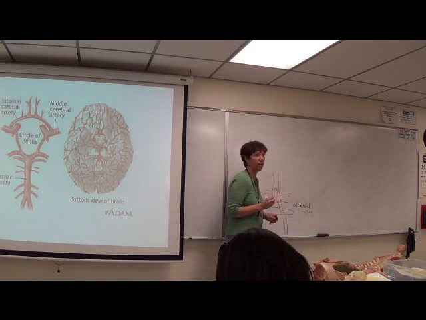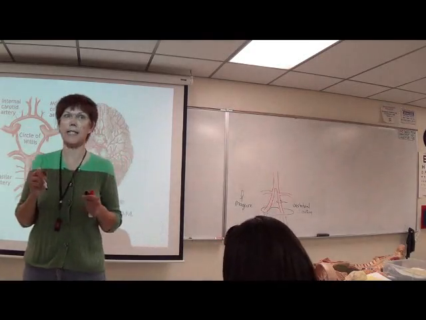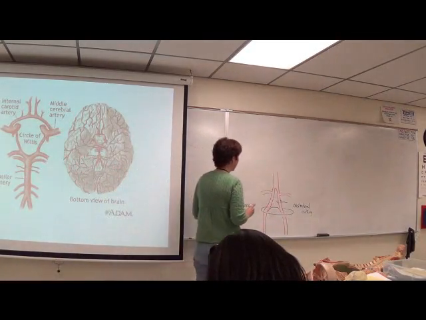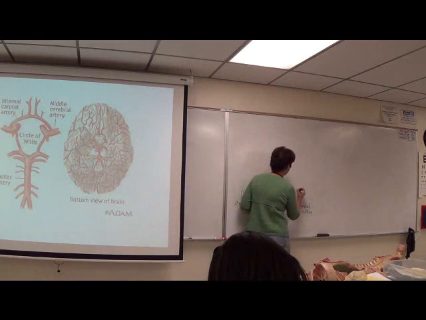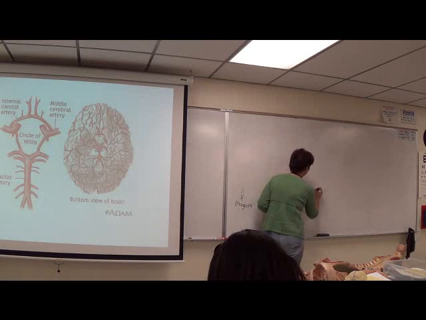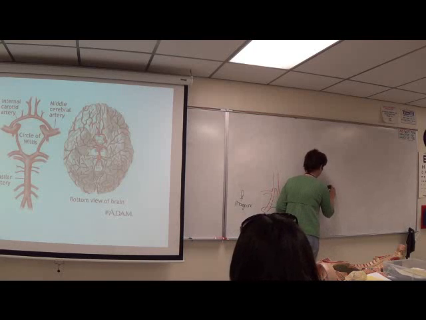My abbreviation for artery, by the way, is an A. And my abbreviation for arteries, plural, is 2 A's. So you see that. This vessel is known as the posterior inferior cerebellar artery.